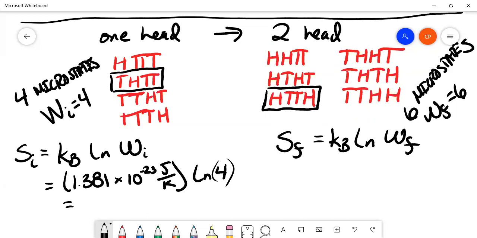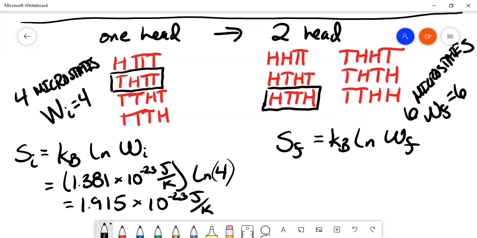That turns out to be 1.915 times 10 to the minus 23 joules per Kelvin. Again, this is a really tiny entropy, but it's a really tiny entropy because it's a really simple molecular system.